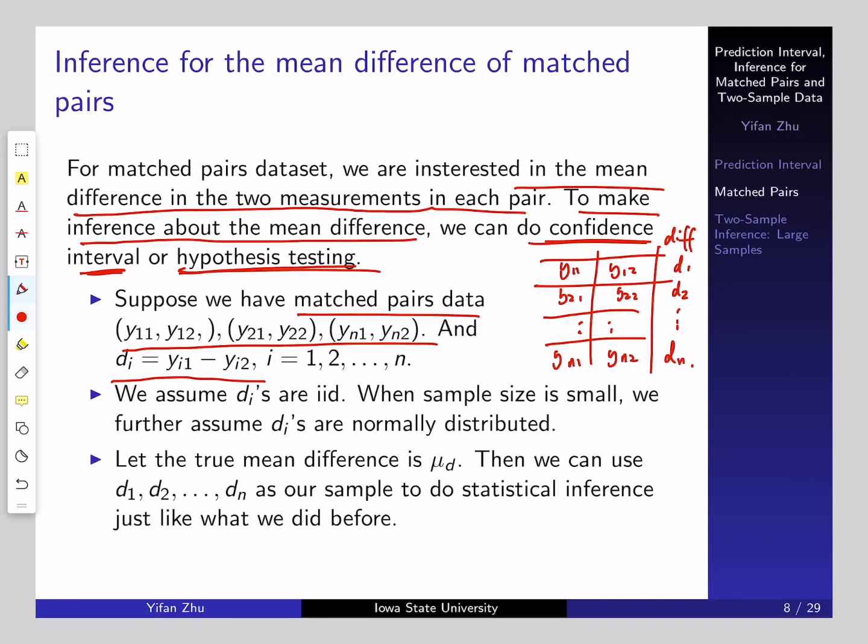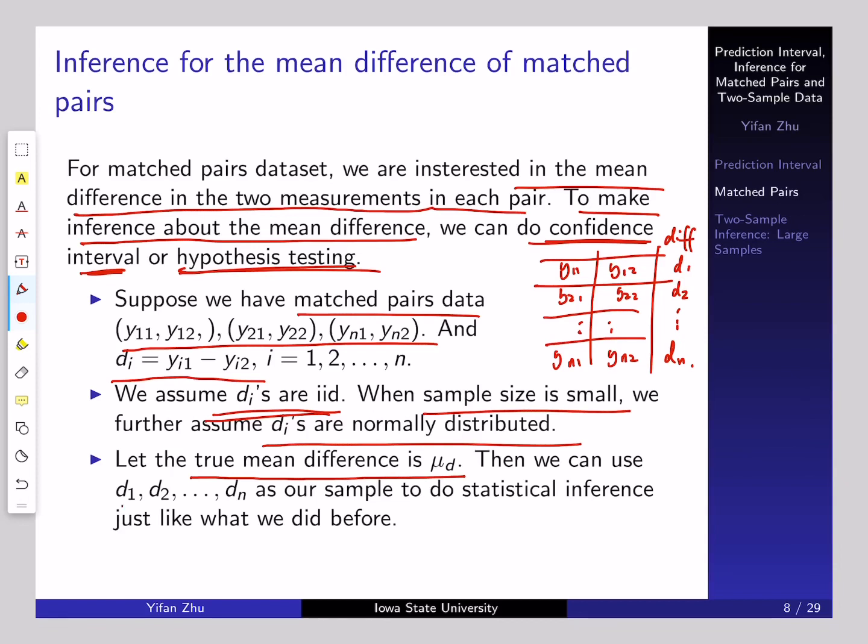If we assume that these di's are iid, and also if the sample size is small, we need to also assume that di's are normally distributed. And we denote the true mean difference as mu d.